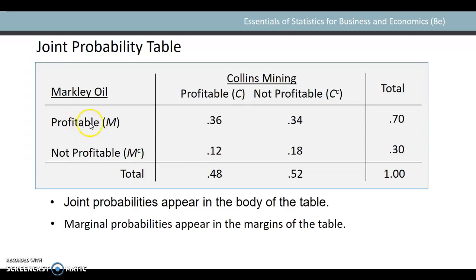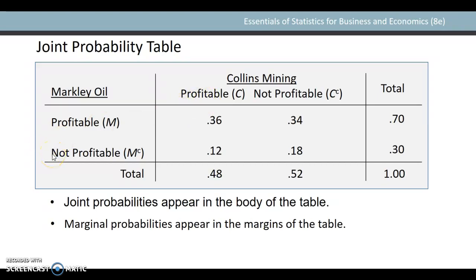So Markley Oil is profitable, M. There's a 36% probability that Markley is profitable and Collins is profitable. 34% probability that Markley is profitable and Collins is not profitable. And if we add those two together, you can see we get the 70% probability that Markley is profitable.